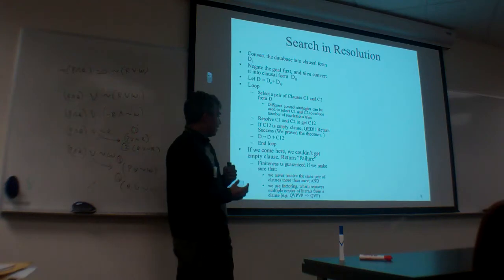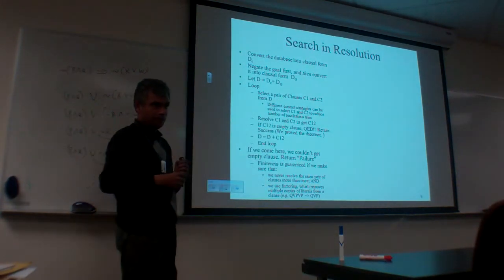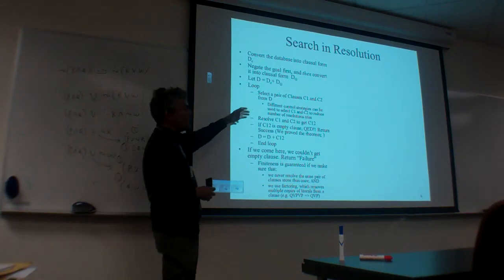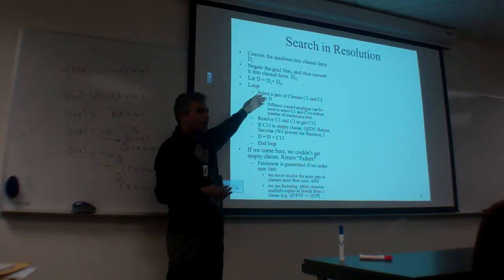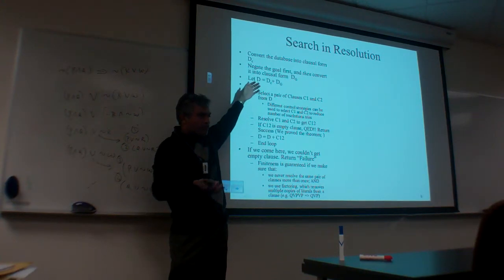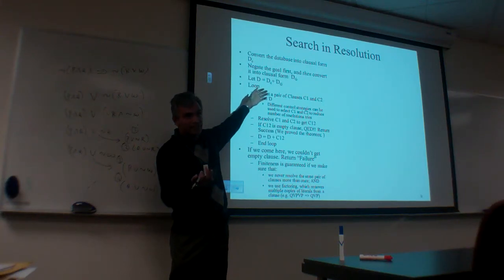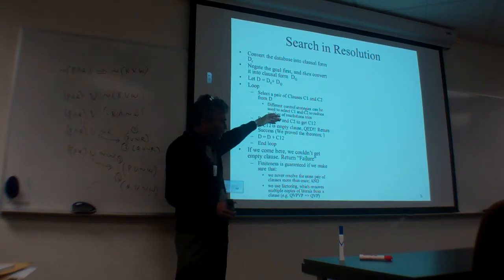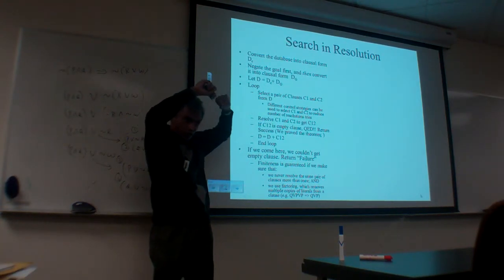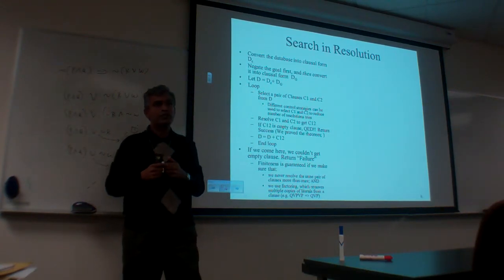Now, if you fall out of this loop, that means somehow you considered all possible pairs that can be resolved. There's no point in resolving the same pair again and again to see if maybe they'll do something different. If you resolve it once, you resolve it. So if you make sure that you don't do a resolution more than once, then eventually you'll fall out of this loop.